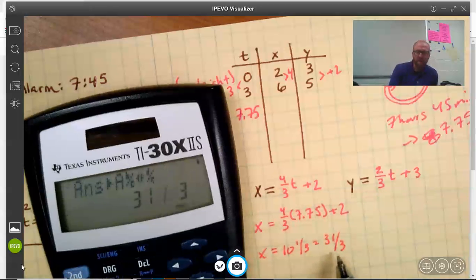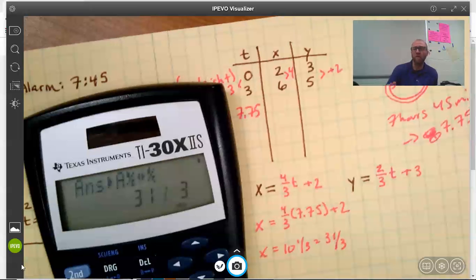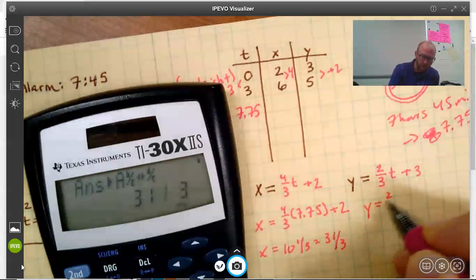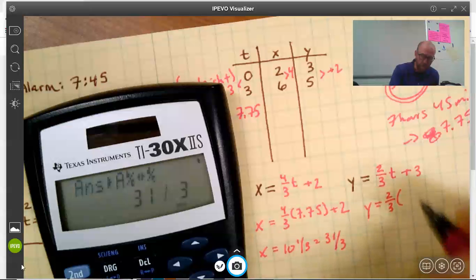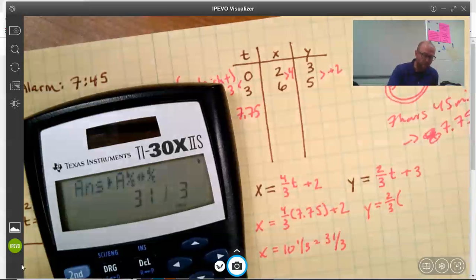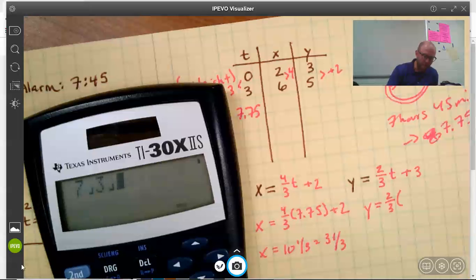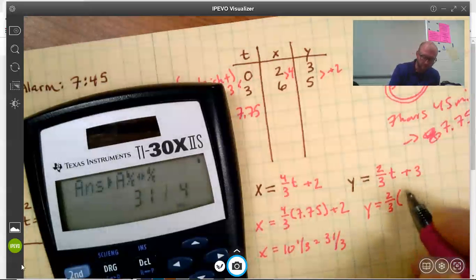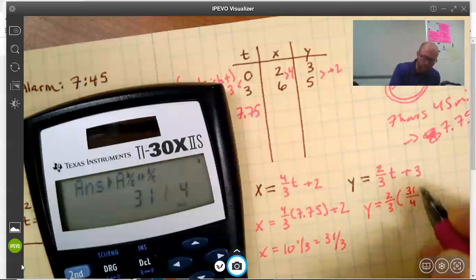Okay, I like the improper fraction, it's usually easier to work with as a number mathematically, but 10 1/3 will be easier for us to find on the graph and plot. So the y-coordinate, y equals 2/3 times 7 3/4. I'll turn that into 31/4.